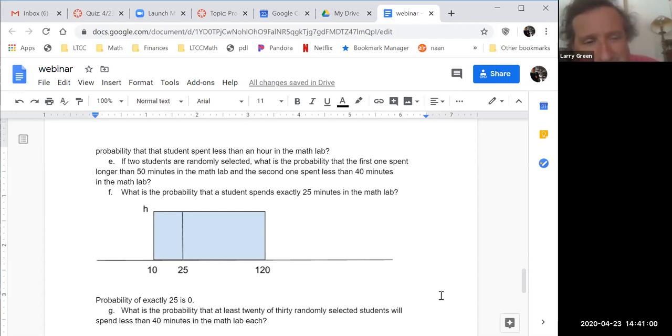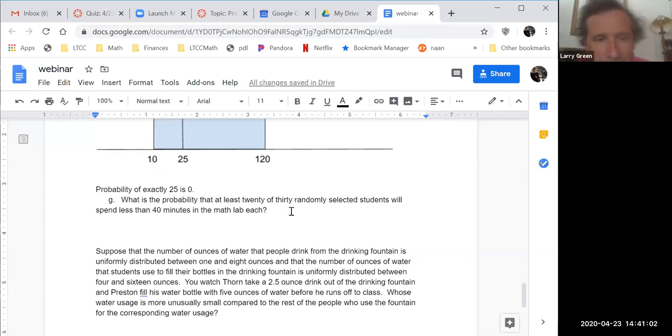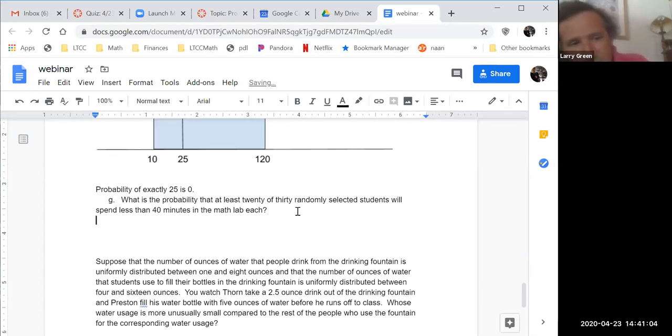Okay, let's look at G. So I'll do these last two. What is the probability that at least 20 of 30 randomly selected students will spend less than 40 minutes in the math lab each? How do I do this one? Any suggestions on what the strategy is for this?